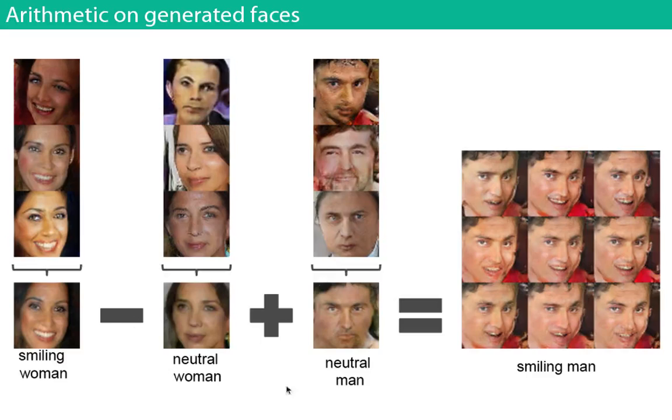We've subtracted woman and added man, but the neutral cancels out, so we're left with smiling man. If you've looked at Word2Vec stuff, this sort of arithmetic in generative space is really in vogue now in machine learning. You can do this in text also. If you've seen word analogies, like king is to queen as man is to woman, that's a similar kind of thing going on.